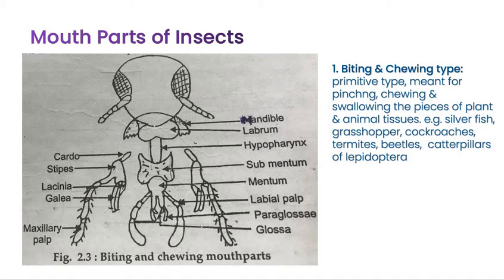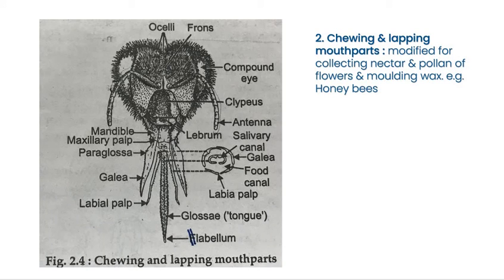the chewing and lapping type of mouth part. This type of mouth parts is found in some of the Hymenoptera and is modified for collecting the nectar and pollen of flowers and molding the wax.